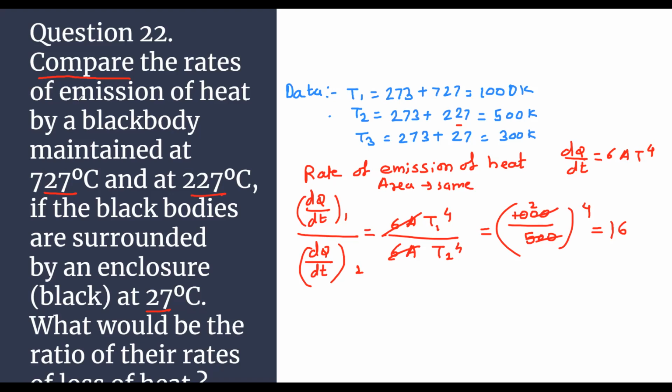Now let's find out the second part, the ratio of their rate of loss of heat. When we are talking about rate of loss of heat, whenever we keep the body at 727 in an enclosure at 27 degrees Celsius, there will be a rate of loss of heat. Then when the black body is initially at temperature 227 and you keep it at 27, again there will be a rate of loss of heat.